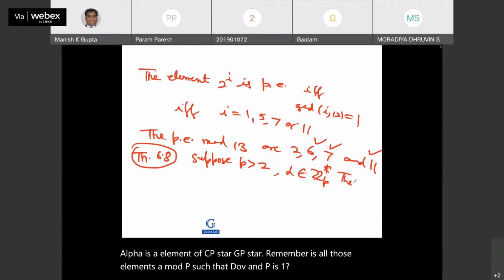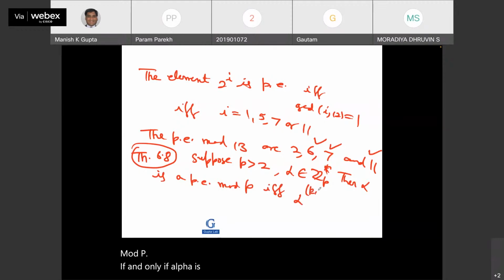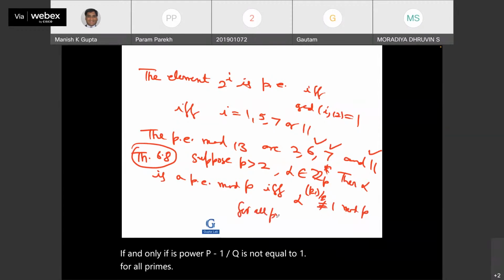Then alpha is a primitive element mod p if and only if alpha raised to power (p−1)/q is not equal to 1 mod p, for all primes q such that q divides p−1. So if you can factor p minus 1, the result can be used to find the primitive element.